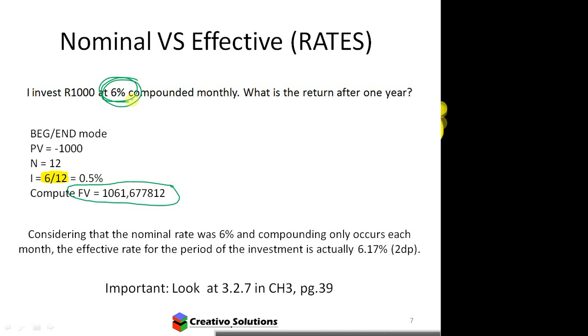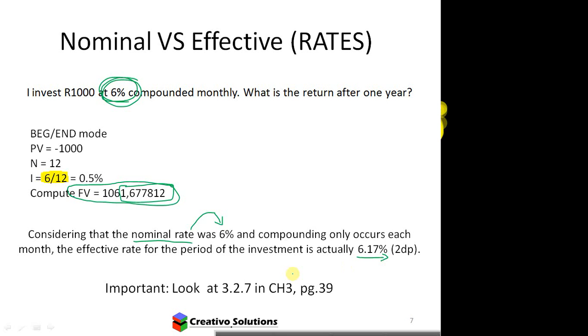The one I'm compounding yearly, the one I'm compounding monthly. Considering the nominal rate of 6% compounded yearly versus 6% compounded monthly, what do I actually get? Well, I actually get an extra R1.67, which amounts to 6.17%. That's what you actually get.